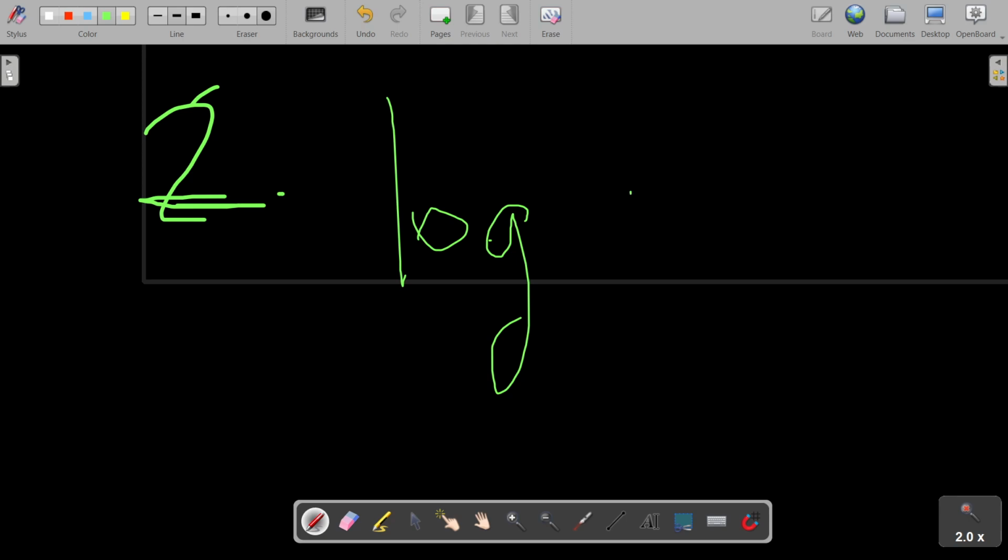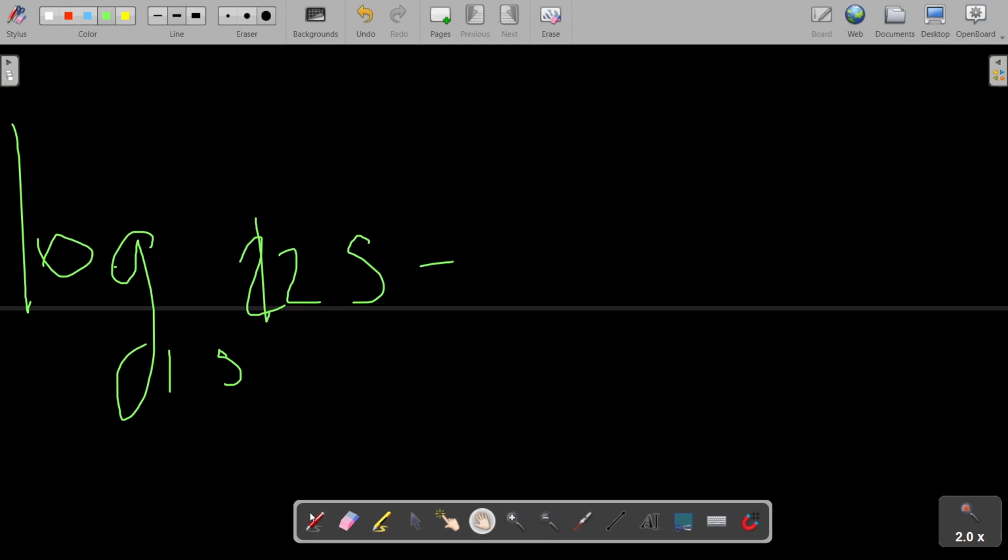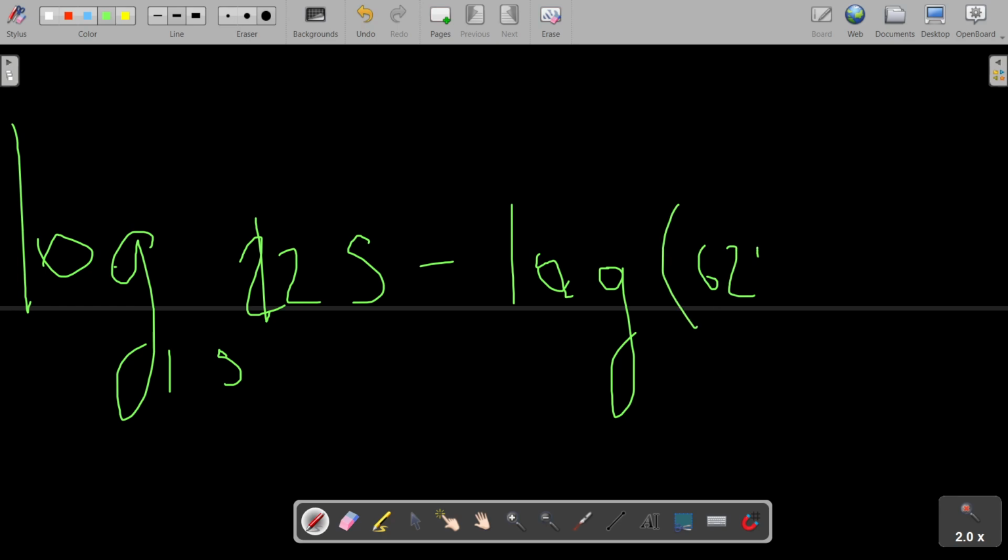Log 225 base 15 minus log 625 base 15. Okay, let's solve this.